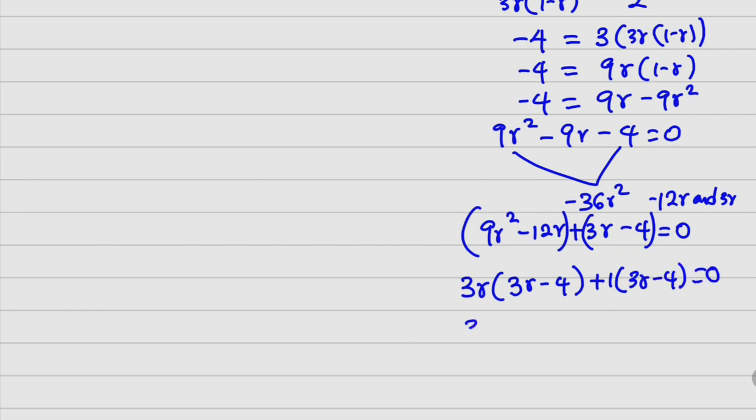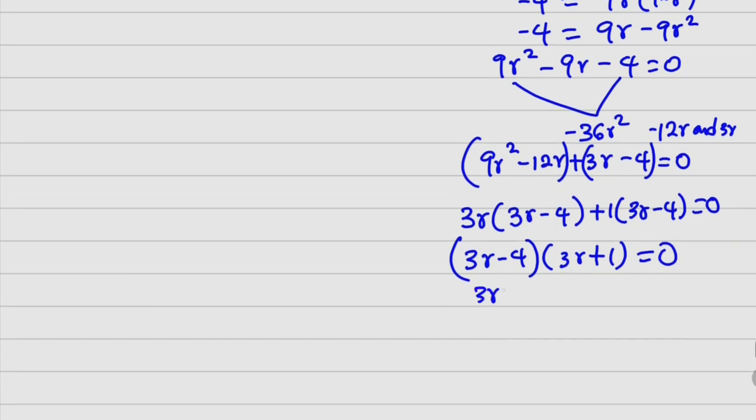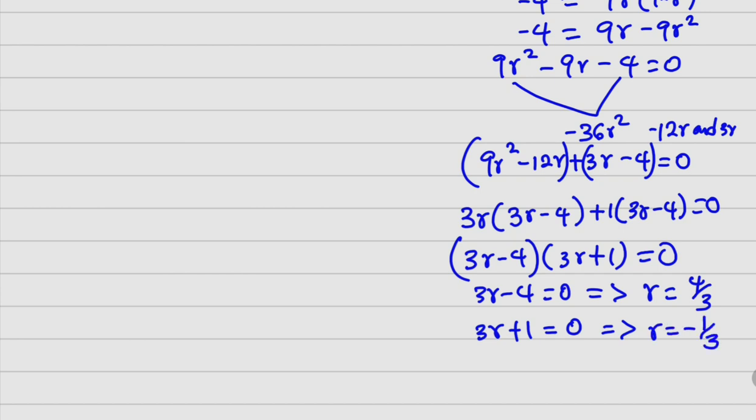So I have 3R minus 4 into 3R plus 1 is equal to 0. So 3R minus 4 is equal to 0, implying that R is equal to 4 over 3. Then I have 3R plus 1 is equal to 0, implies that R is equal to minus 1 over 3.